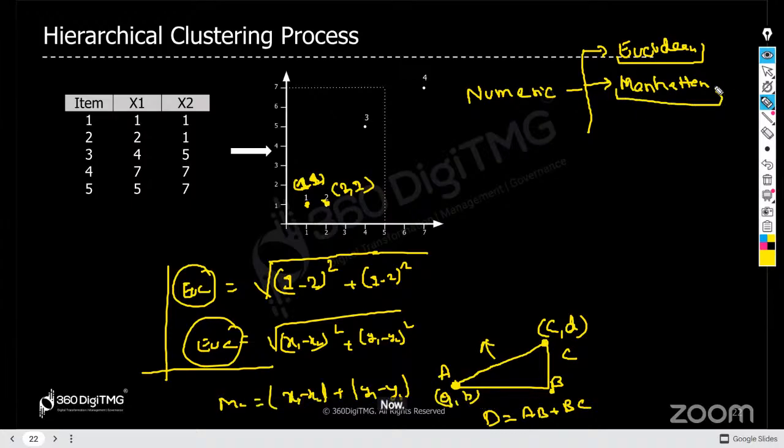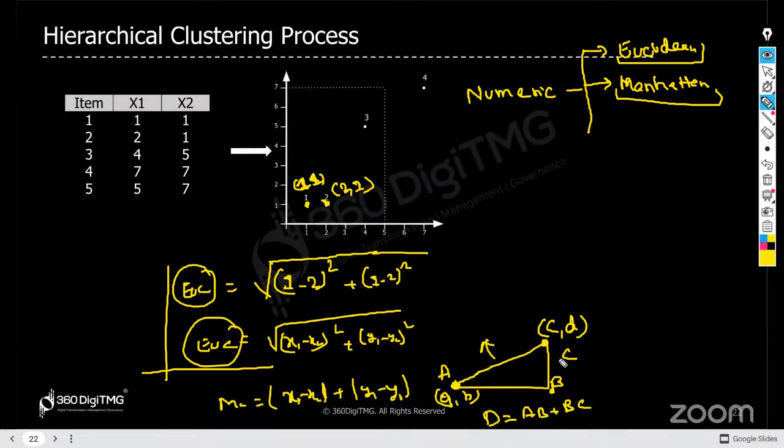Now, when it comes to Manhattan distance, why not directly jump from A to C? Why do we follow the path of going from A to B and then B to C?